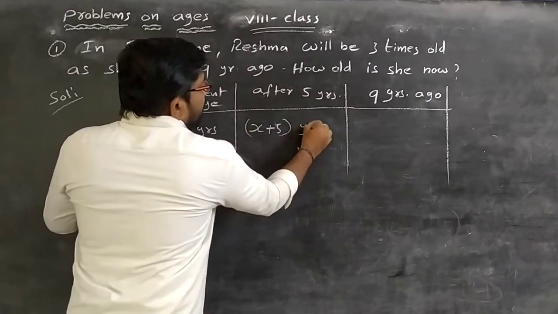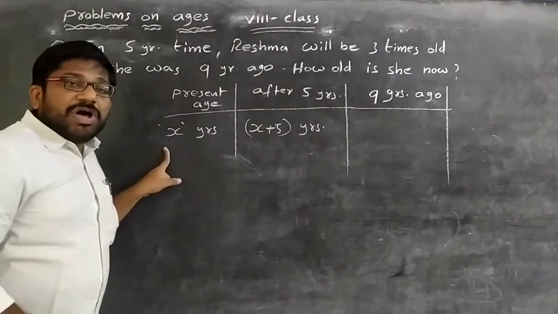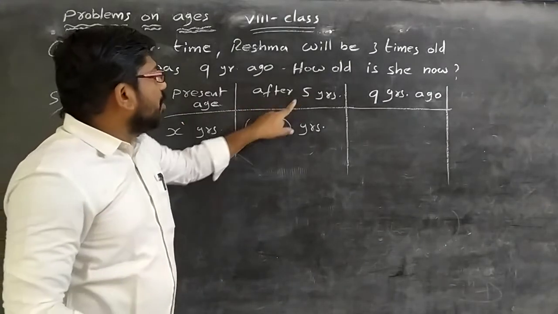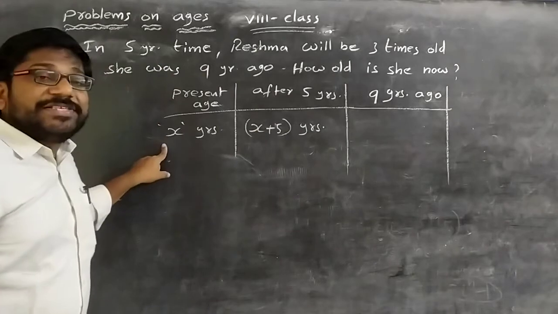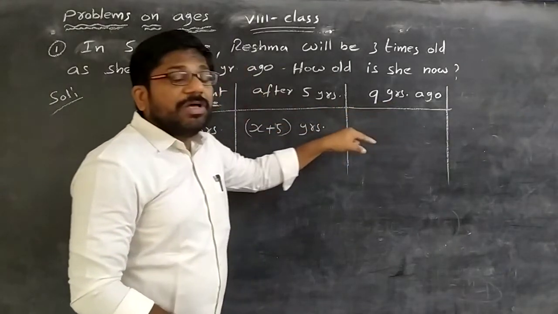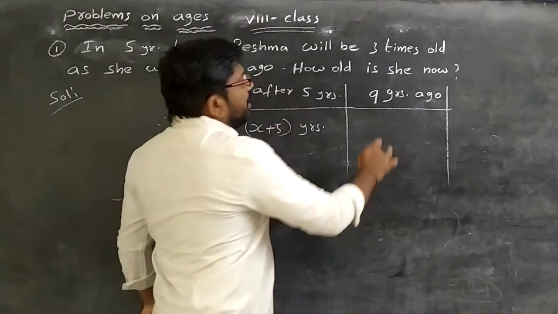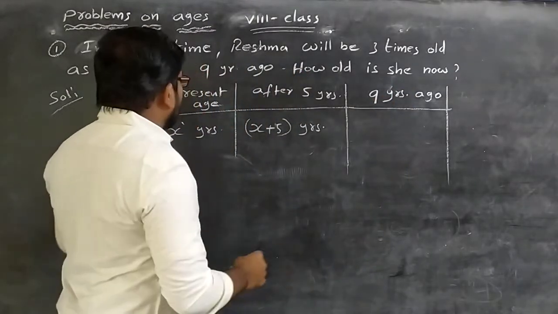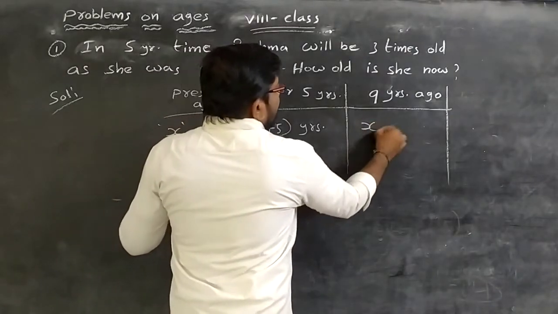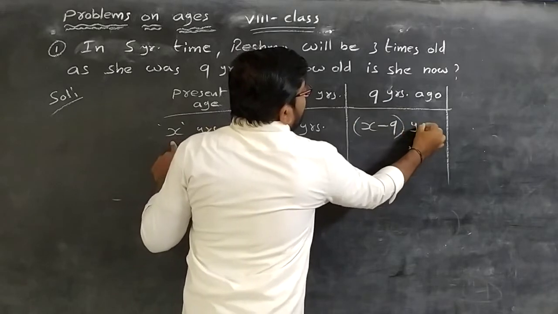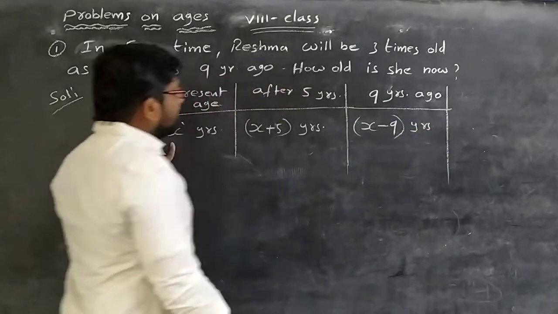After means we have to add 5 years to the present age. Next, 9 years ago means we have to go back. Present age is x, 9 years back means minus 9, so x minus 9 years.